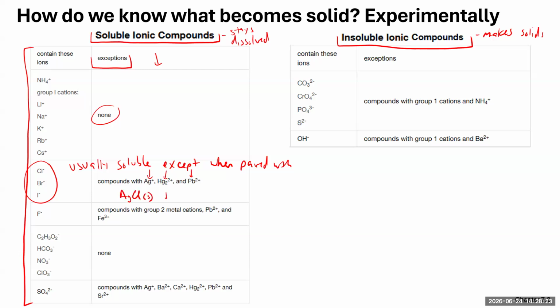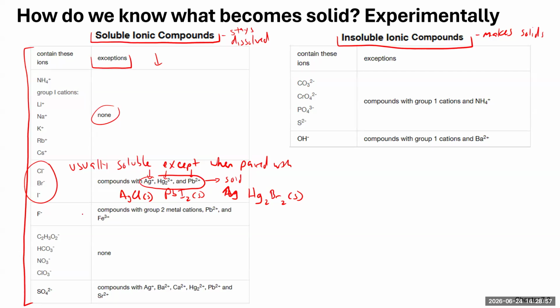If you have lead, like we just saw, lead iodide, that's going to be a solid. If you have mercury, looks like bromide, that's going to be a solid, right? Any of these three paired with any of these three will form a solid. All right, so typically chlorine, bromine, and iodine, those are all soluble, right? Okay.